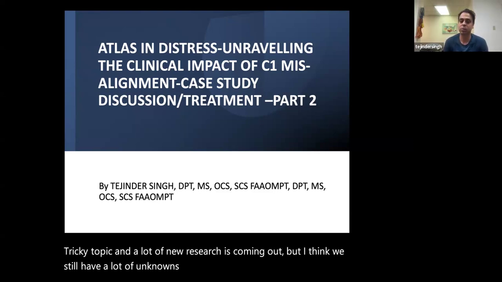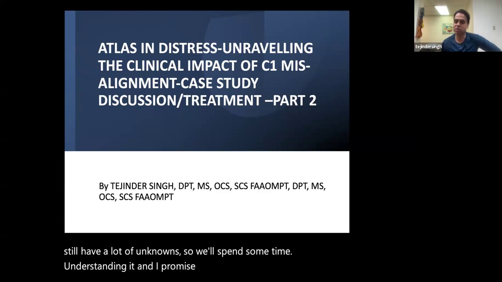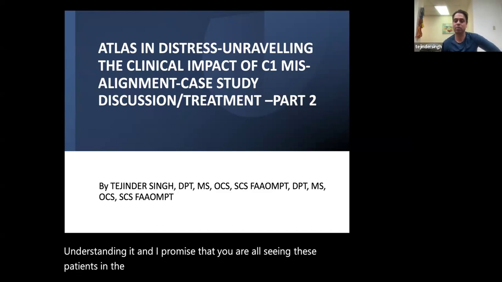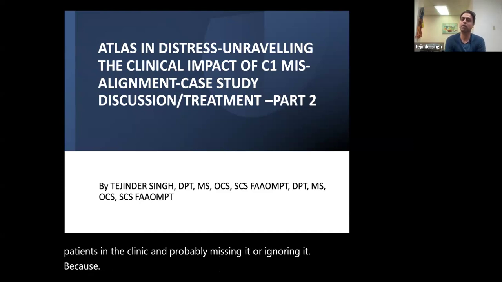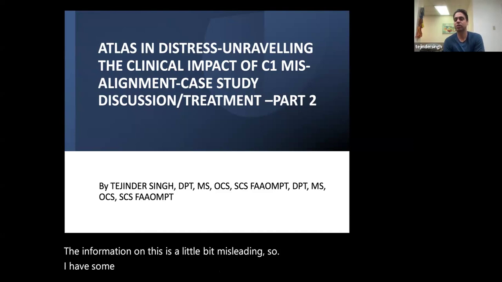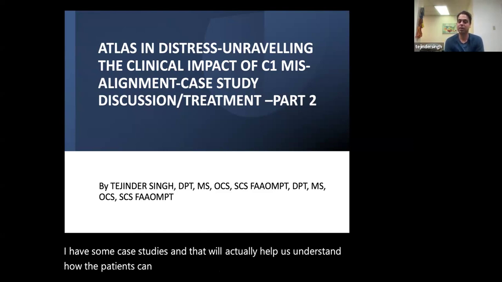So we'll spend some time understanding it, and I promise that you are all seeing these patients in the clinic and probably missing it or ignoring it because the information on this is a little bit misleading. I have some case studies, and that will actually help us understand how the patients can present.